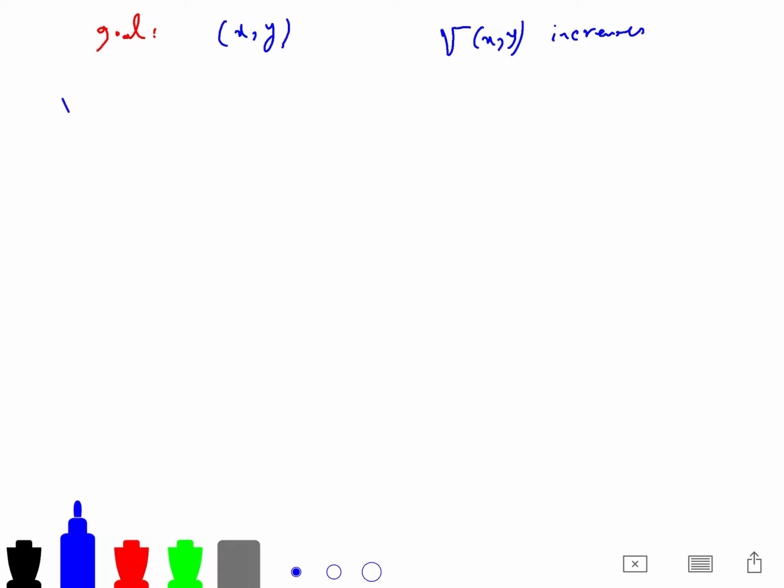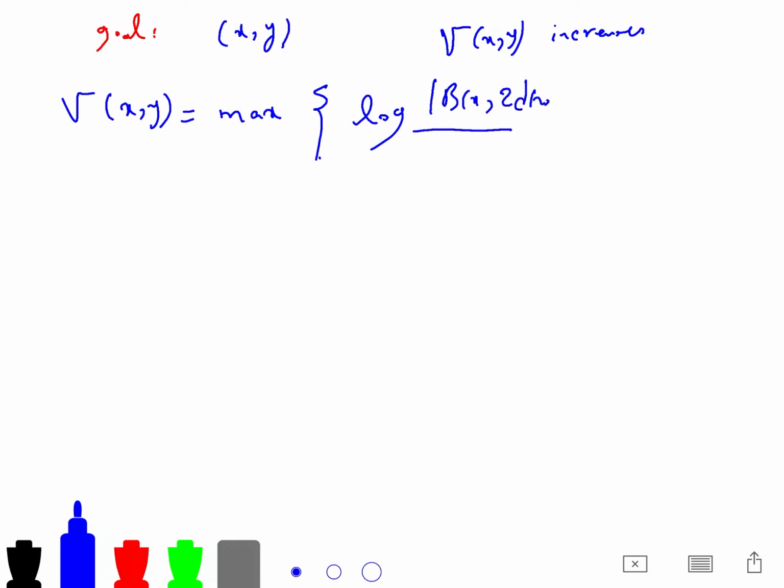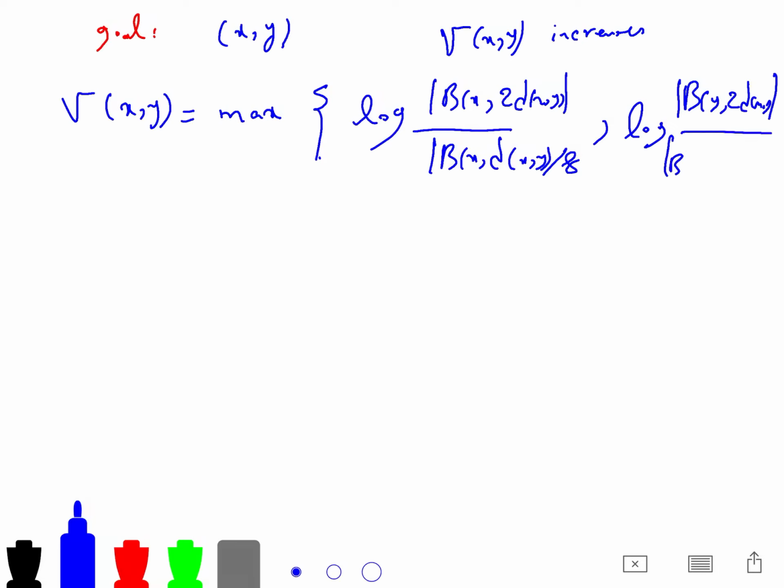I think I forgot to mention this important local expansion v of x and y. It is defined in many papers, especially this paper, as log of b of x and 2d of x and y divided by b of x and d of x and y divided by 8. And of course log of b of y and 2d x and y divided by b of y and d of x and y over 8.